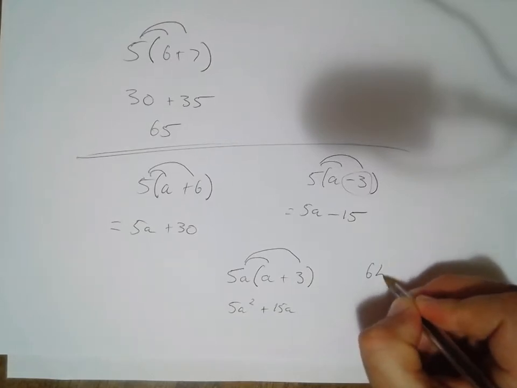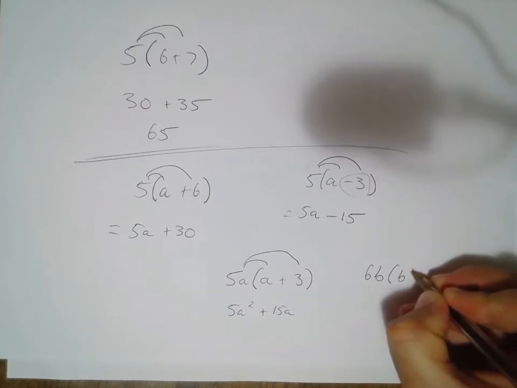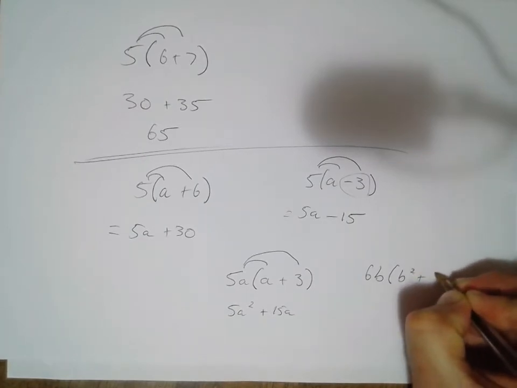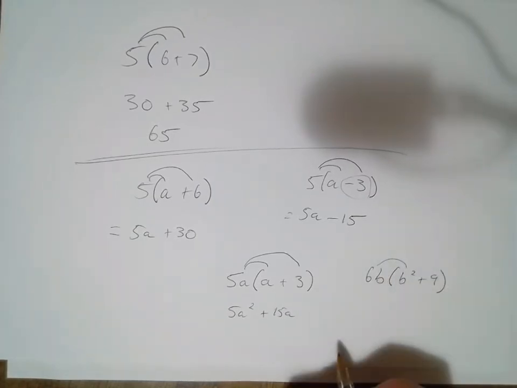So you have 6B outside of B squared plus 9. Alright, 6B times B squared, we use our index law there.